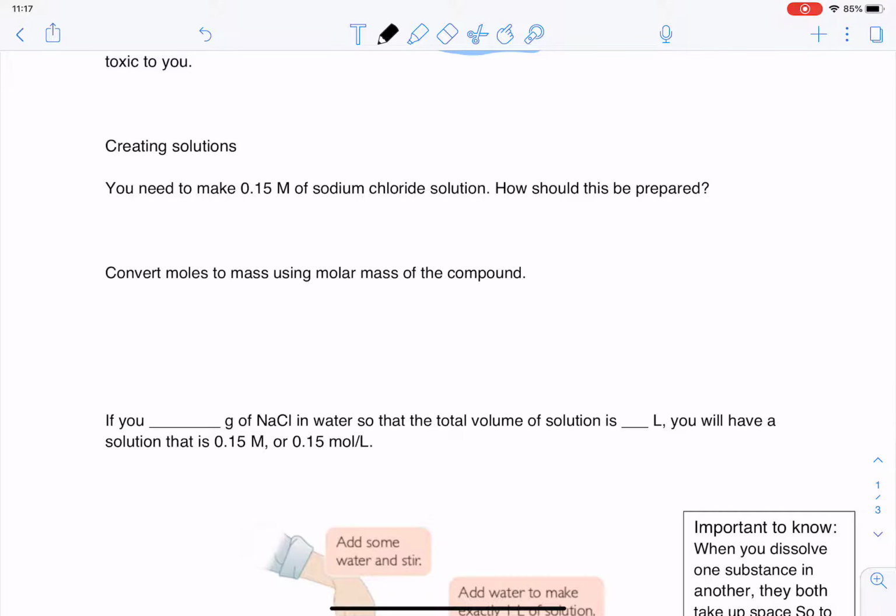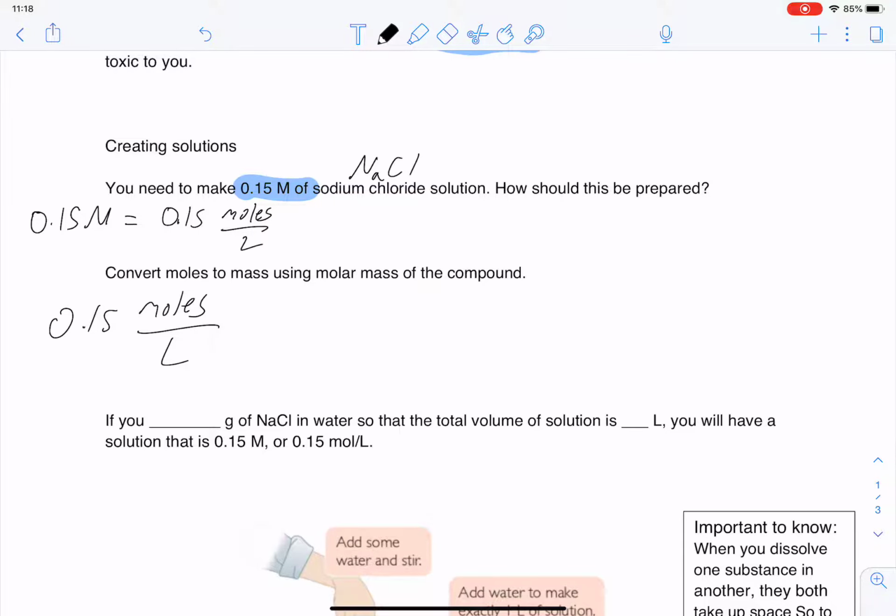Remember, just to review from the previous videos, 0.15 molarity can also be rewritten as 0.15 moles over liters. What we need to do is convert moles to mass using the molar mass of the compound, which in this case is sodium chloride.